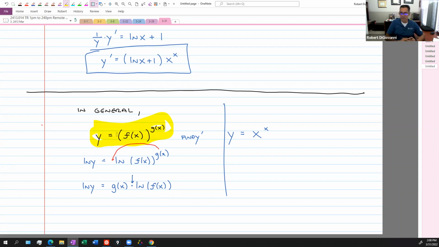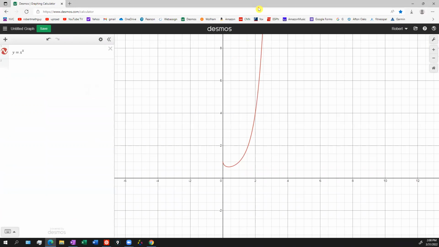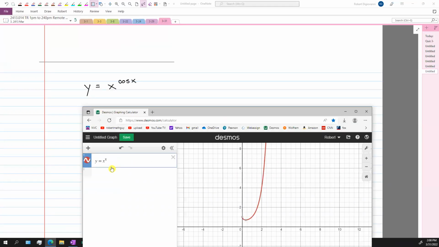Let's do another one. Okay, let's do a specific example. This will be our last example. Let's do y equals x to the cosine x. Try that one on your own and I'll give you a minute or two to do it. While you're doing it, I'm going to graph it. Really cool graph.